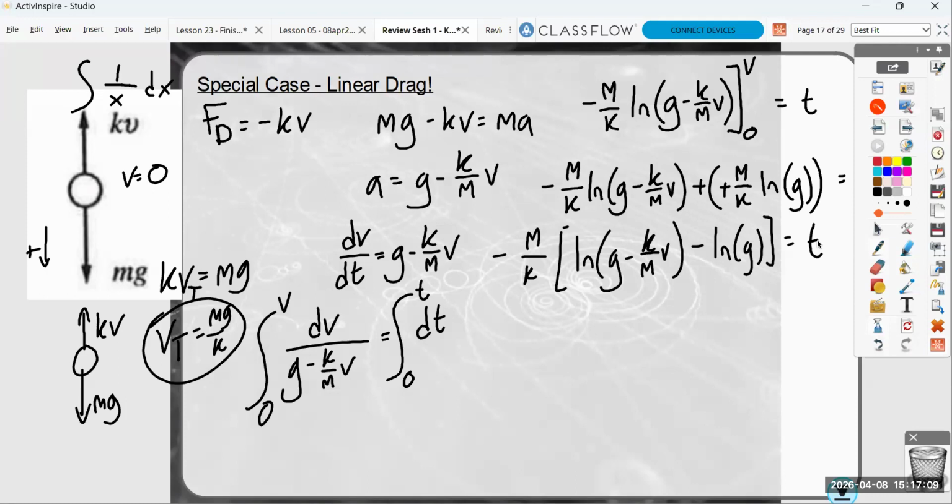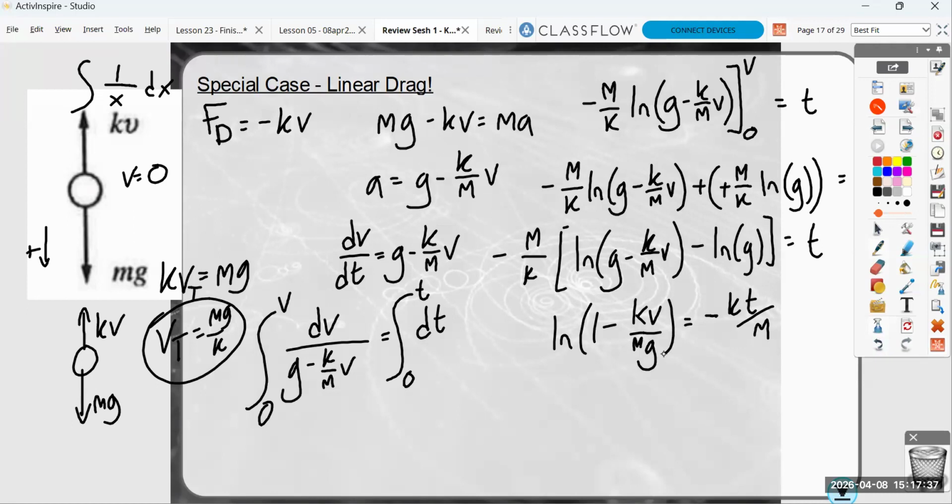So what I'm going to get on my left side, and I'm going to punt this m over k to the other side, is the ln of 1 minus kv over mg. Oops, that's the worst k I've ever written in my life.